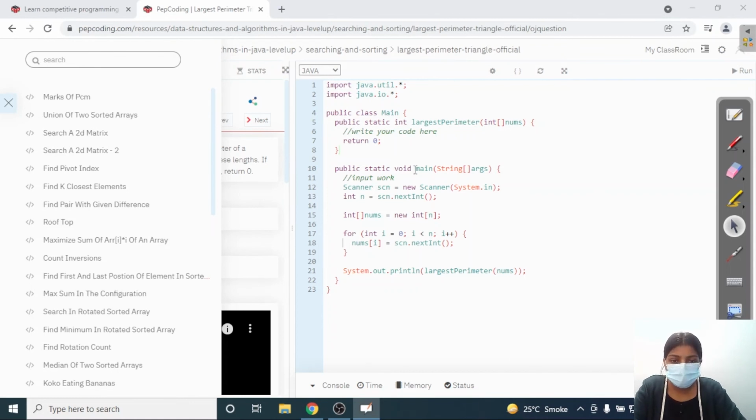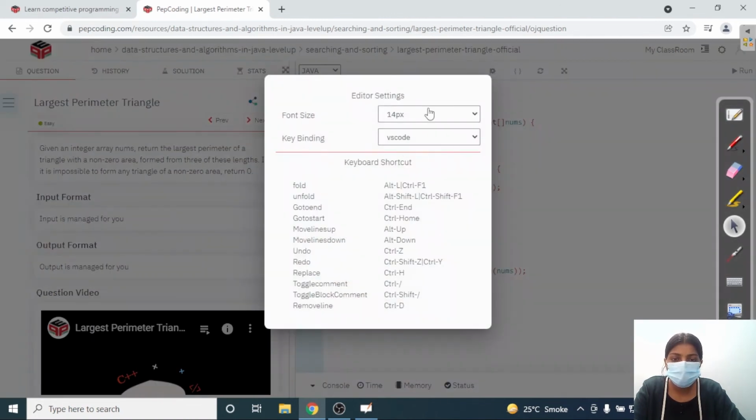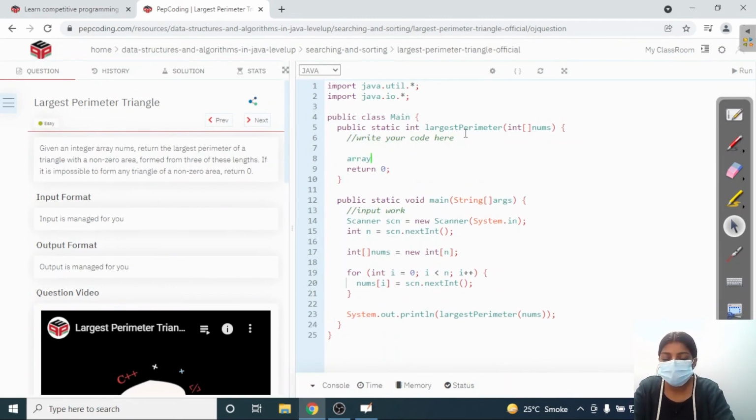So first of all, what do we have to do? We just have to sort our array. Let's increase the font size. So first of all, I will sort my array, Arrays.sort(arr).